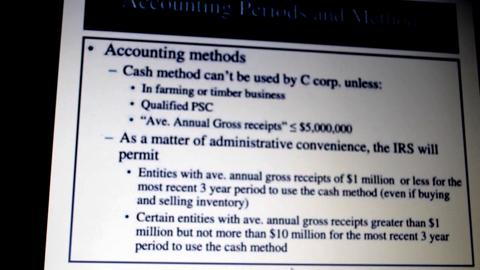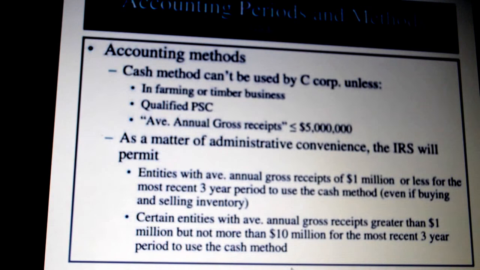Regardless of these exceptions, most individuals and corporations that maintain inventory for sale to customers are required to use the accrual method of accounting for determining the sales and cost of goods sold. However, as a matter of administrative convenience, the IRS will permit many taxpayers to use the cash method for determining the sales and cost of goods sold.